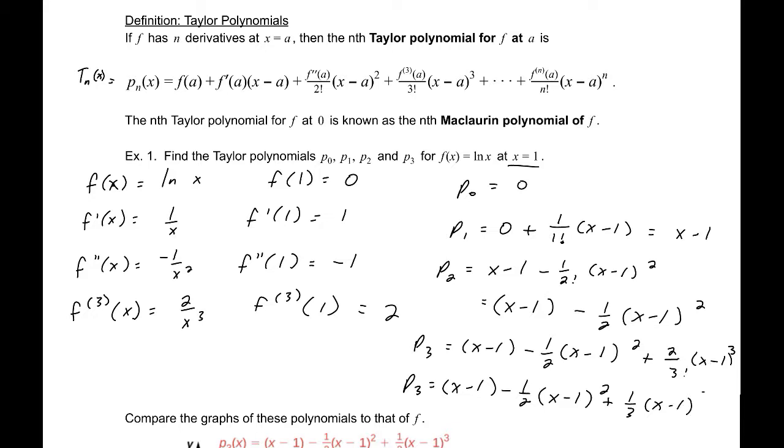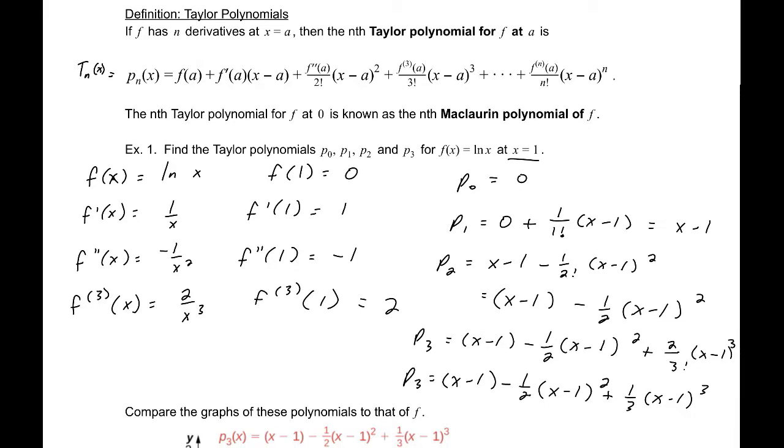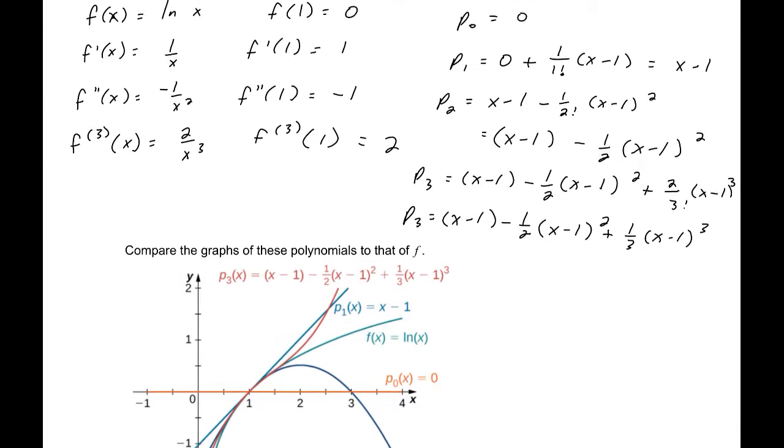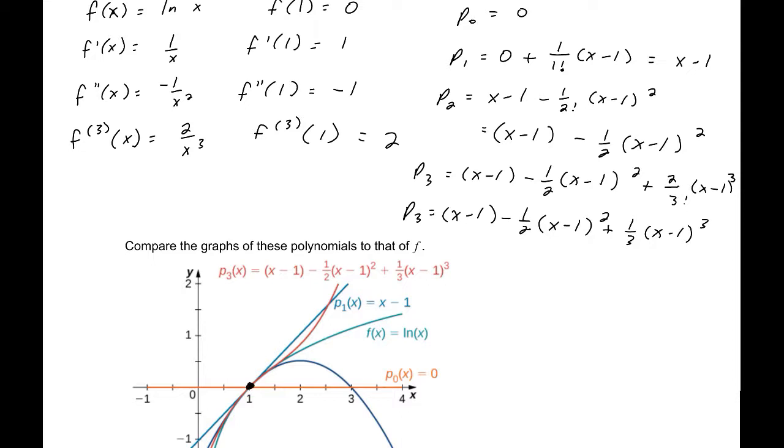Okay, well that means our third polynomial is x minus 1 minus 1/2 x minus 1 squared plus 1/3 x minus 1 cubed. Now if we compare these polynomials, each of them, to the original function, natural log of x, at the value 1, they all have a common value at x equals 1. So as n goes to infinity, as we take the further polynomials we go, Pn of x appears to converge to f of x.